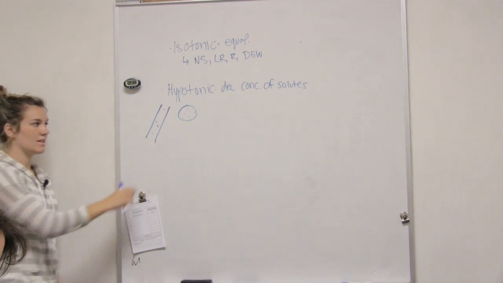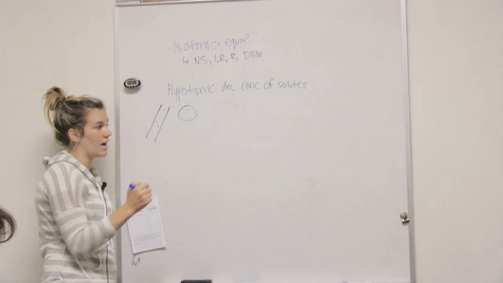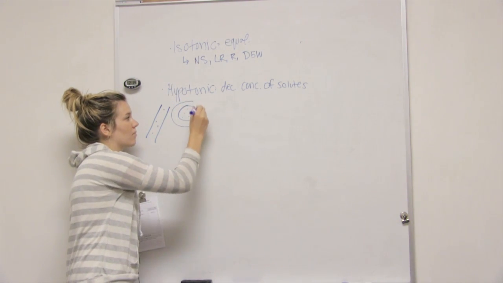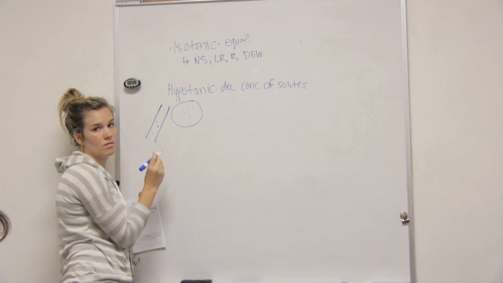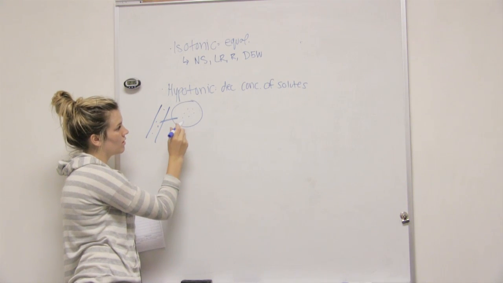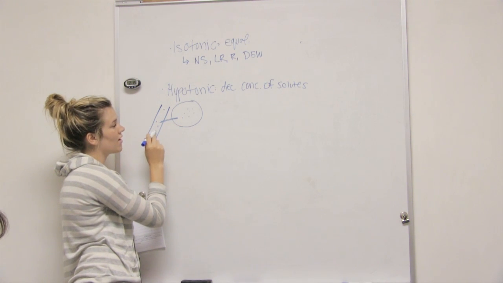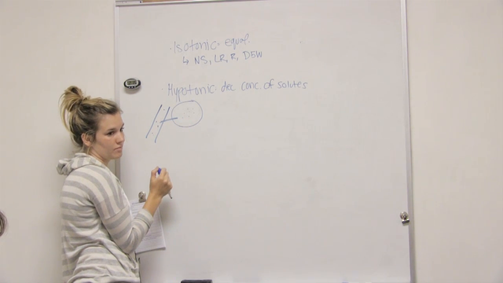What do you think is going to happen to the cell? Yeah, the cell is going to get bigger. How come? The water wants to follow the solutes. Yeah, because you want to make equilibrium between the two. So the water is going to move from the lower concentration of solutes to the higher concentration.